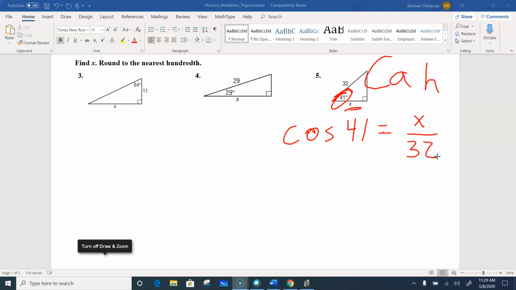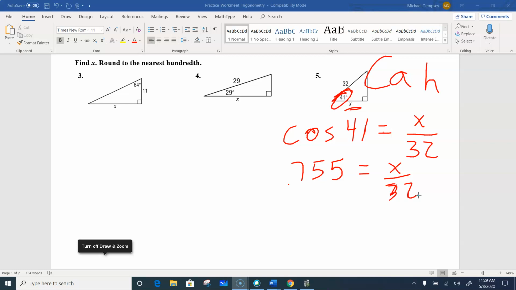So I take the cosine of 41 on my calculator, and I get 0.755. So that's going to be equal to x over 32. And now I multiply both sides by 32.